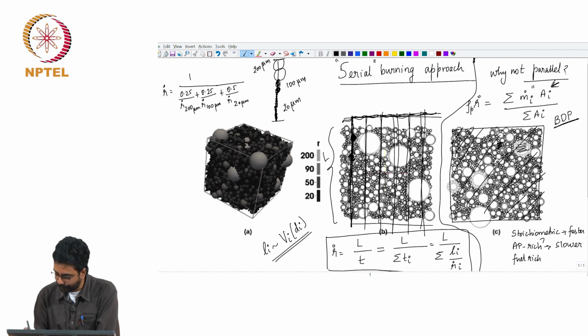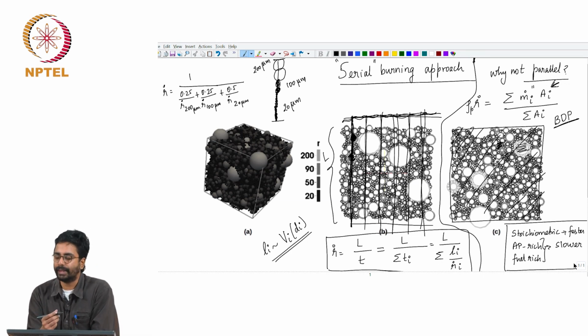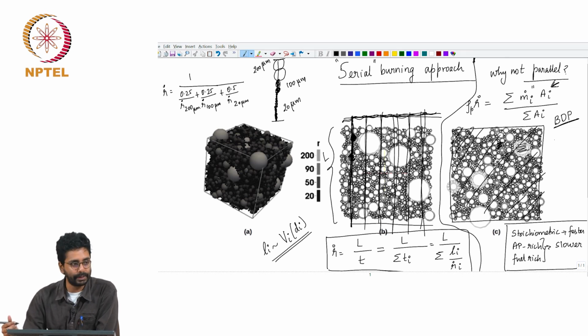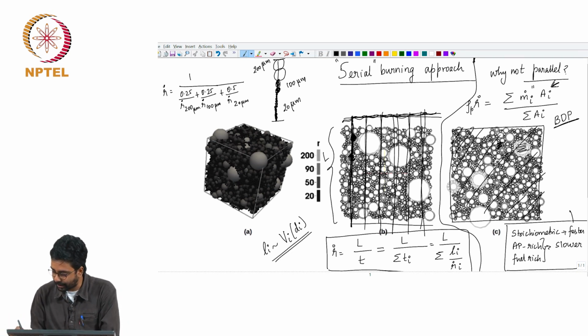Okay. So the conclusion from this approach was that the weights assigned to smaller particles were usually higher. Okay, that is a conclusion that came out of this approach, that the weights that are assigned to smaller particles, which are stoichiometrically burning particles, are usually higher than the weights assigned to this.